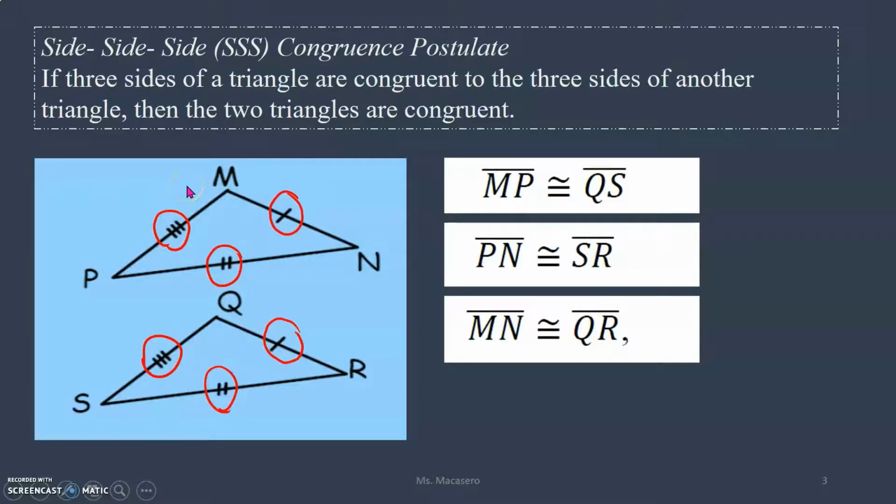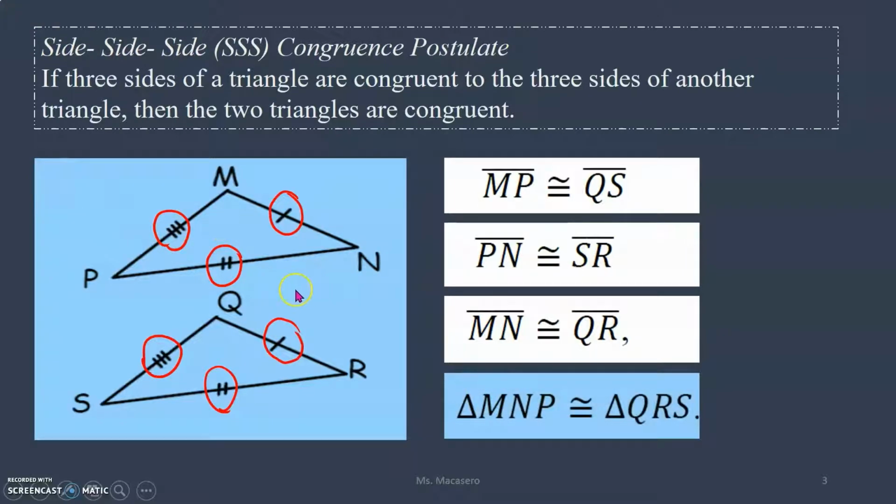So since all three sides of each triangle are congruent to each other, then by the SSS congruence postulate, triangle MNP is congruent to triangle QRS.